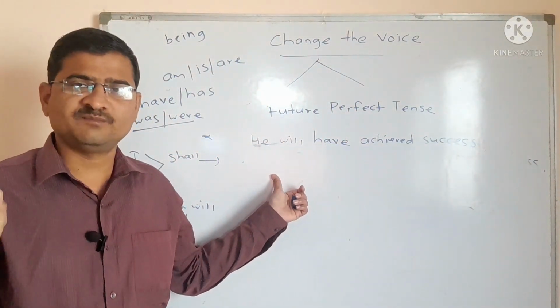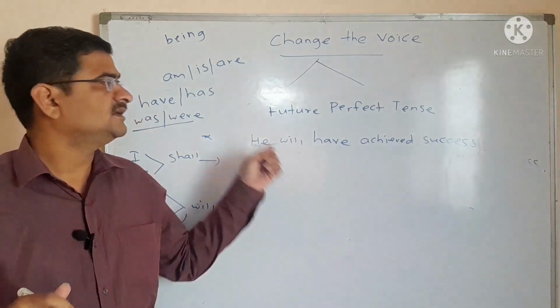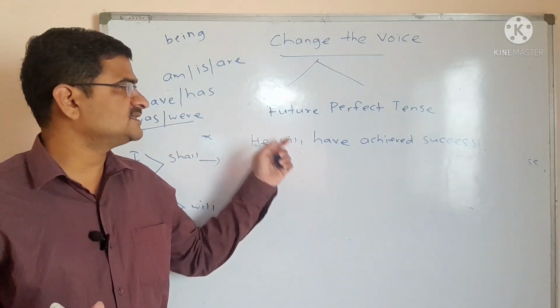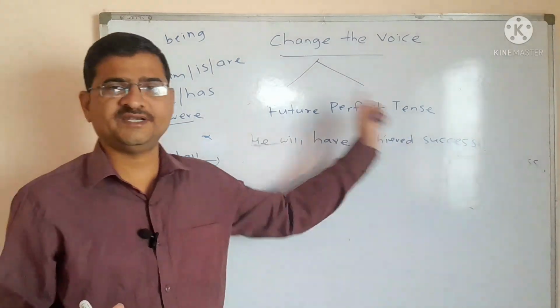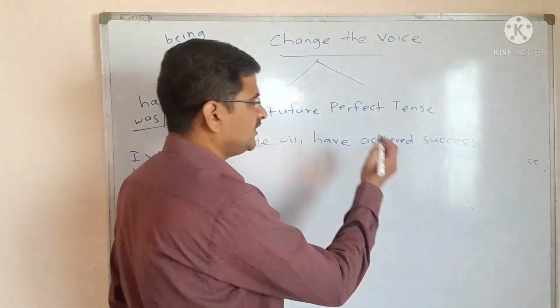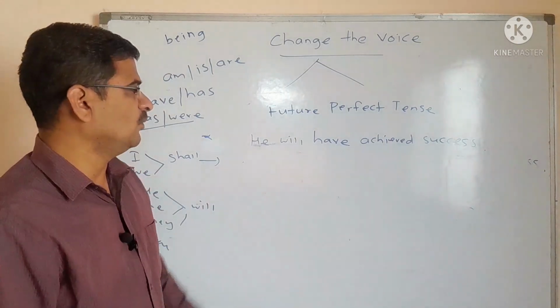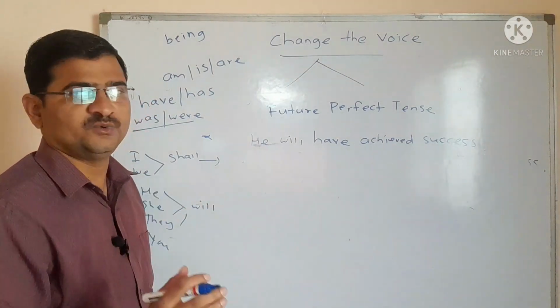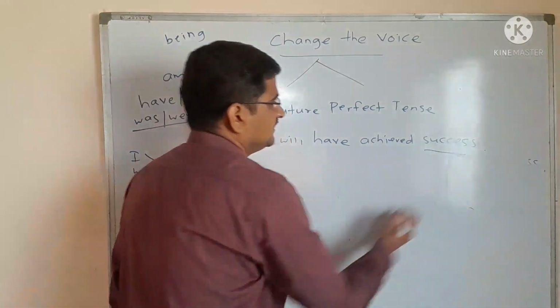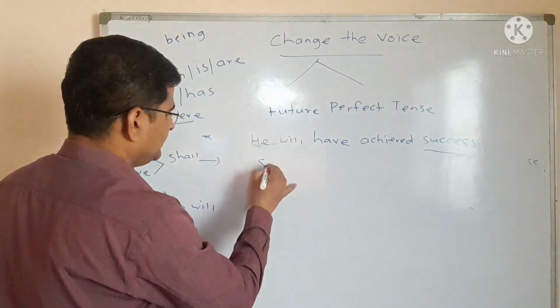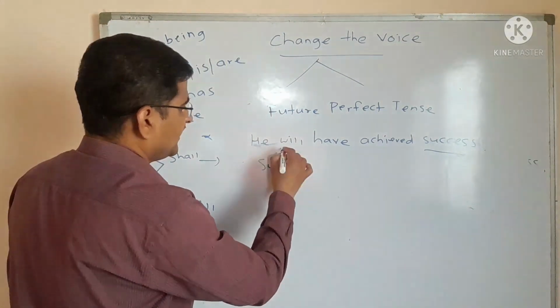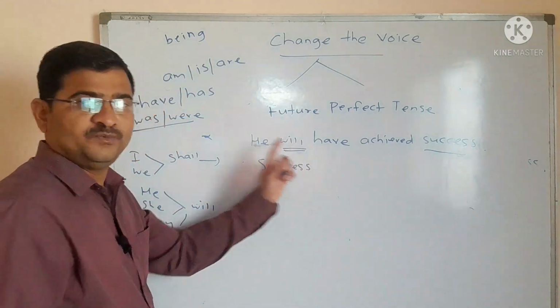This is an example of an active voice. The tense of the sentence is future perfect tense. First of all, you have to find out an object. What will he have achieved? So here success is an object. It will become a subject in the passive voice. Success. After that you have to use will.